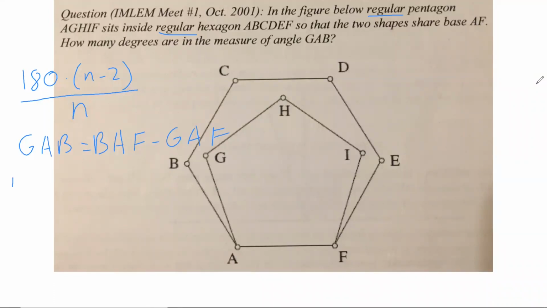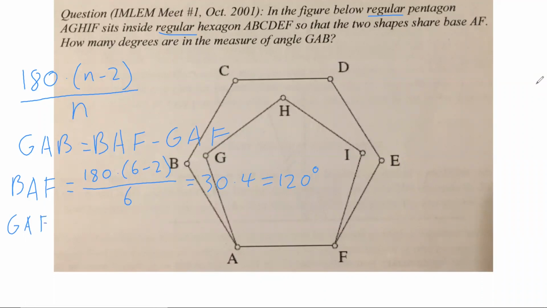So BAF is one of the angles in the hexagon. Therefore, its measure is equal to 180 times (6 minus 2) divided by 6, which is equal to 30 times 4, which is 120 degrees. And GAF is an angle in the regular pentagon.